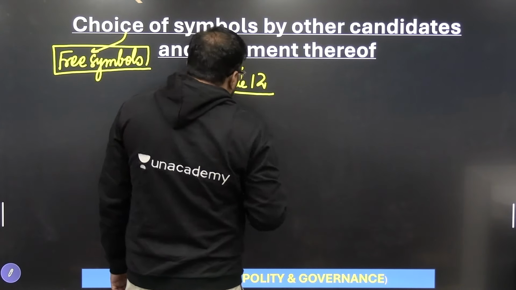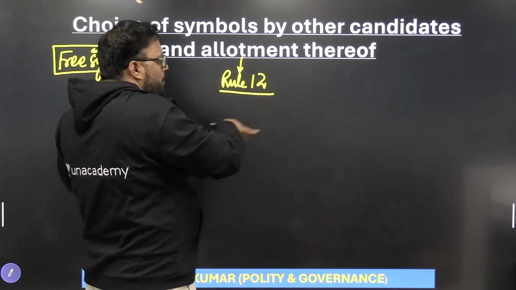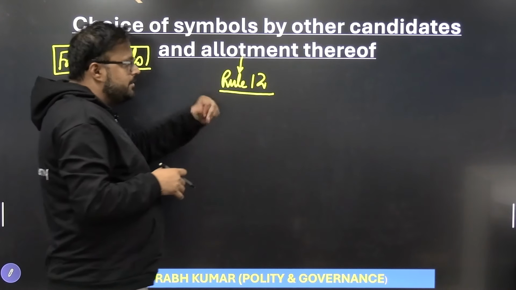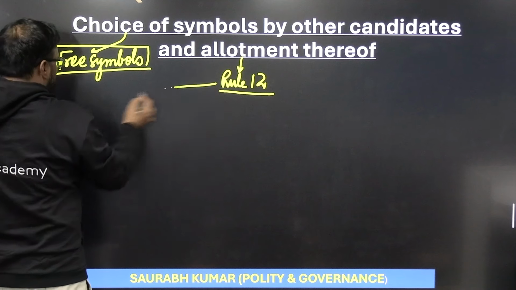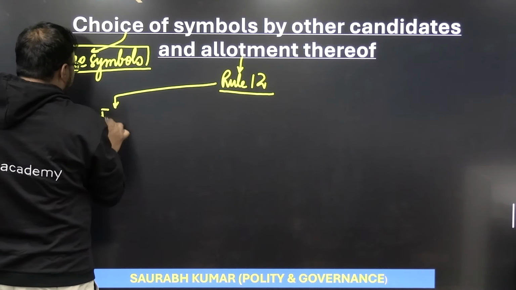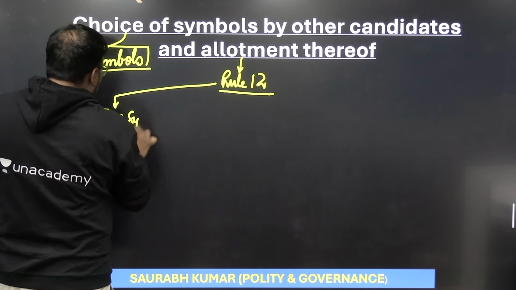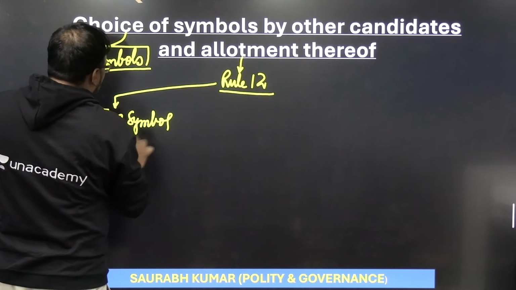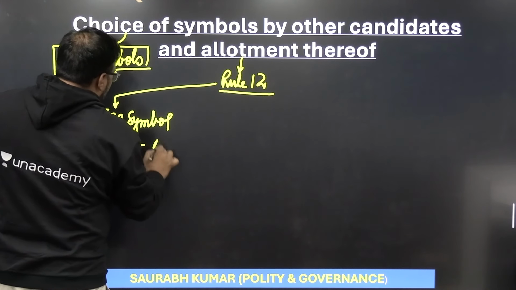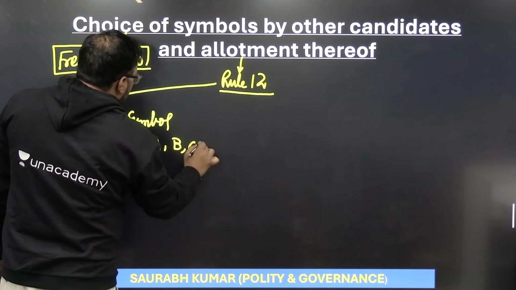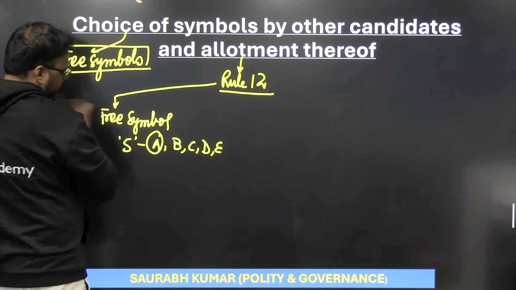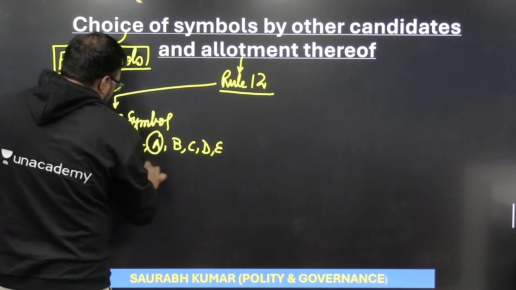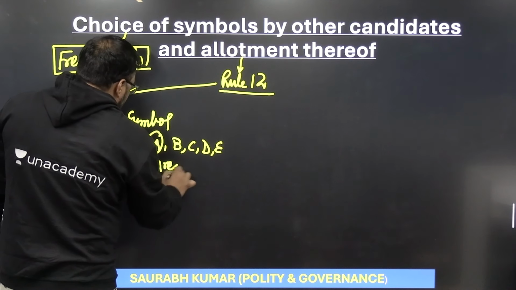In rule number 12, I'm just writing down the possibilities, and then we will try to understand how the symbols are allotted. The very first thing: there are free symbols, say 5 free symbols A, B, C, D, E. For example, now free symbol E is being taken by an unrecognized political party.